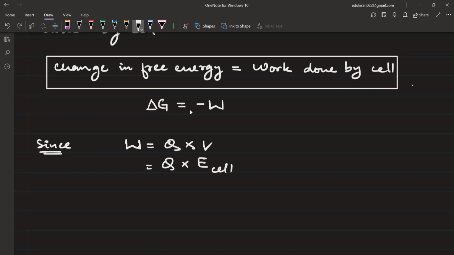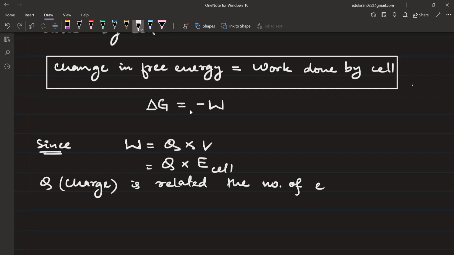Now we have to calculate about Q. You will write Q in bracket charge is related to the number of electrons used in cell reaction.